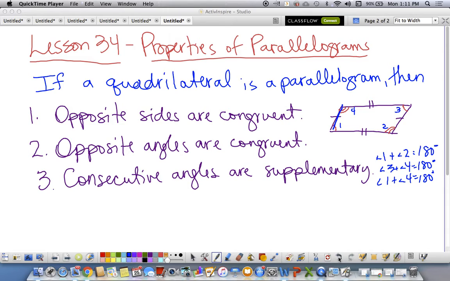I did a square and labeled 1, 2, 3, and 4. Oh, so you didn't just go in order? You start in order and go around. Okay, that's what I was confused about. Or we can do angle 2 and angle 3.